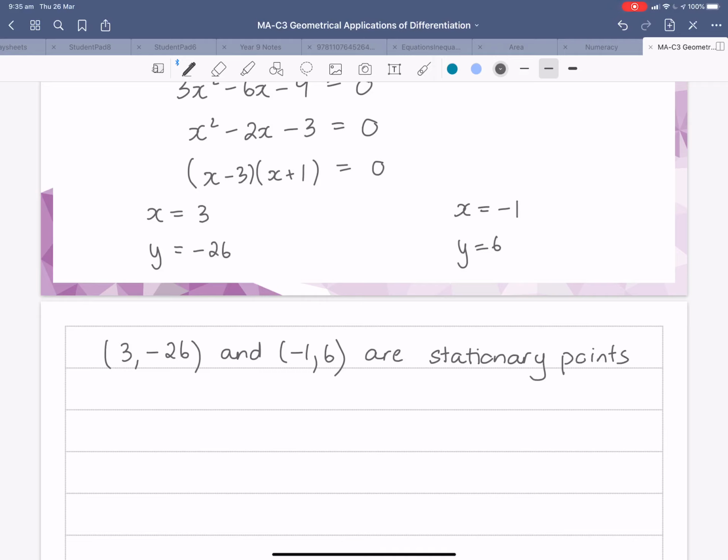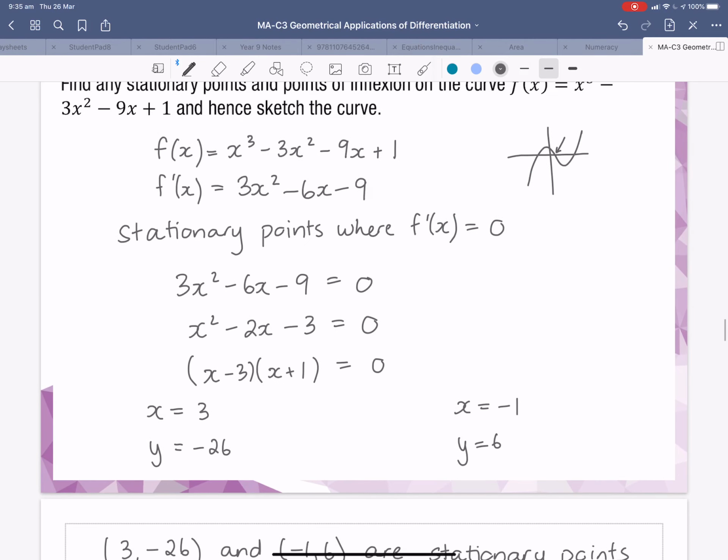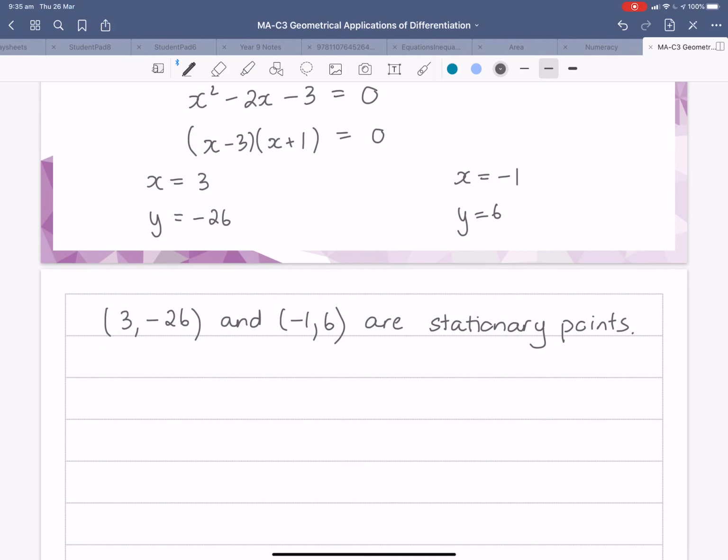So to determine the type of stationary points they are, we have two options. We can test using the first derivative and look at the changing gradient from positive to negative. But because this is a polynomial and easily differentiated, I'm going to use the second derivative and test concavity.